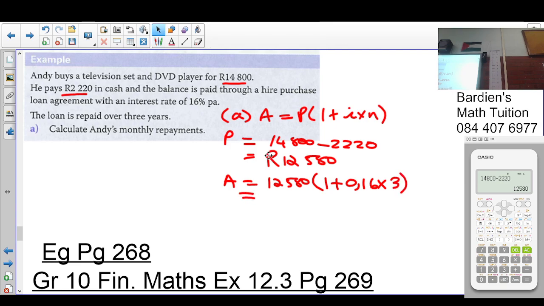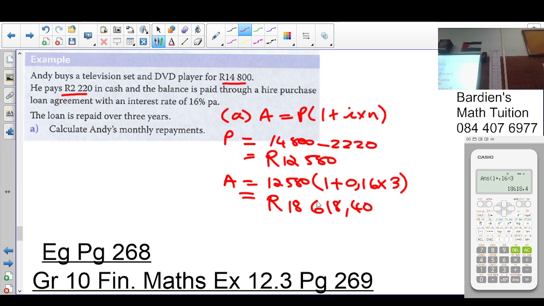So let's put that in the calculator: 12,580 into 1 plus 0.16 times 3 years gives us 18,618 Rand and 40 cents.